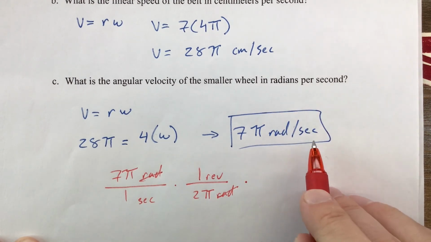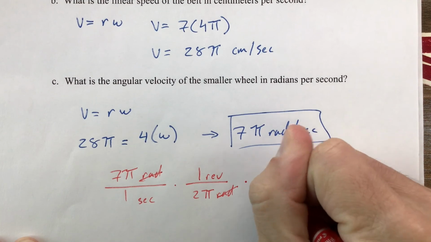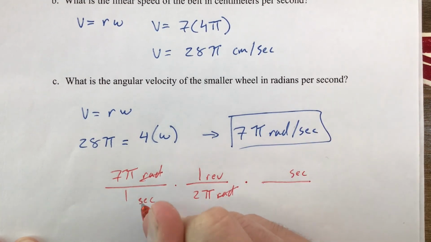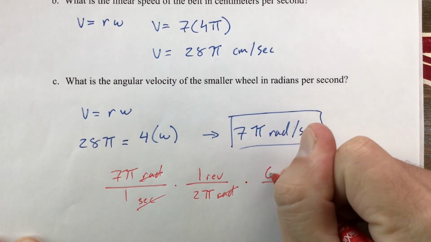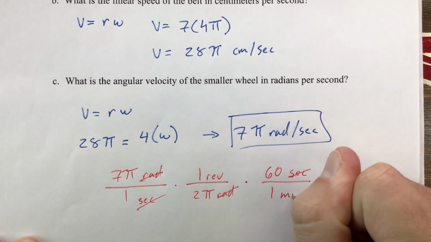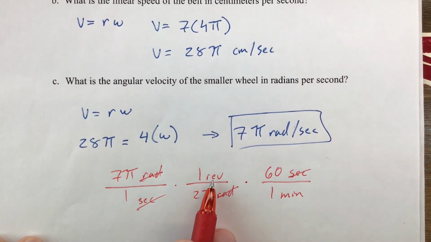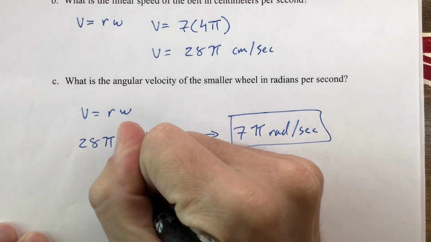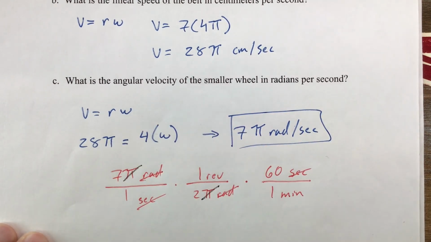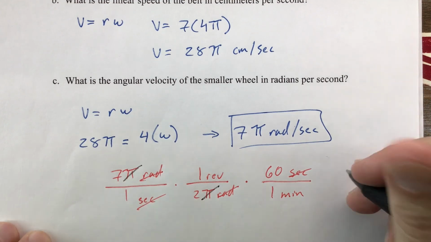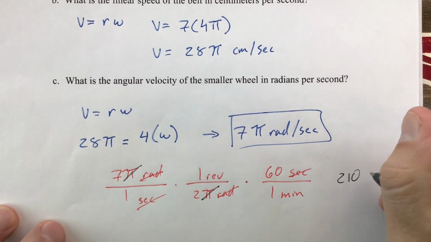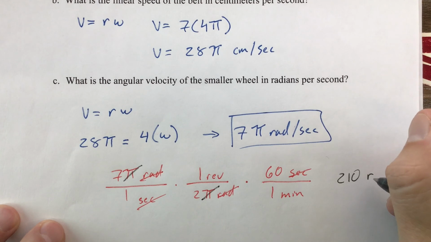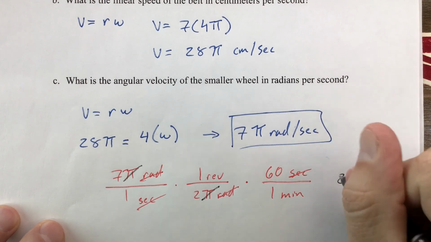And then for seconds, we're going to put seconds on the top to cancel out seconds that we have down here. So that'll be 60 seconds to 1 minute. All right, so that'll leave you the revolutions per minute. Math-wise, the pi symbols will cancel out. And then if you want, you could divide the 2 into the 60. That would give you 30, and then 30 times 7 will give you 210. So you get 210 revolutions per minute.